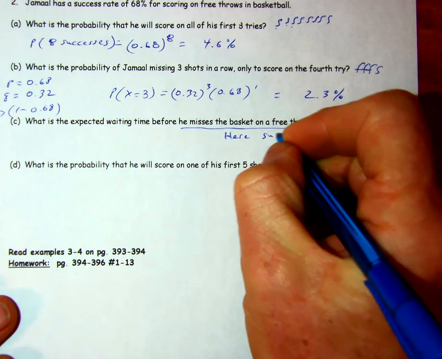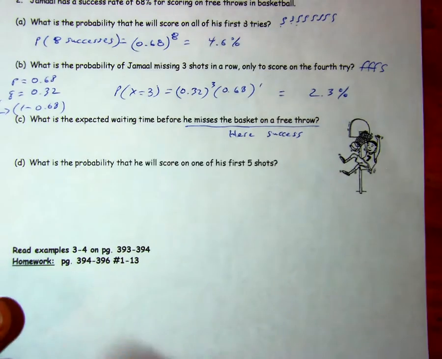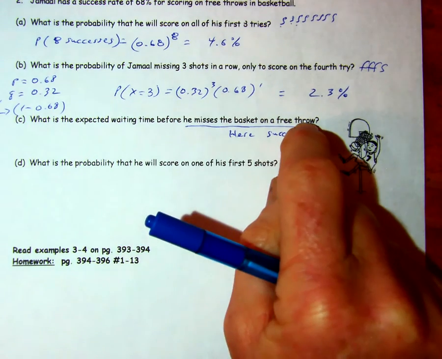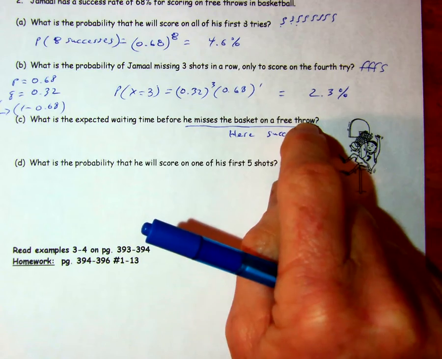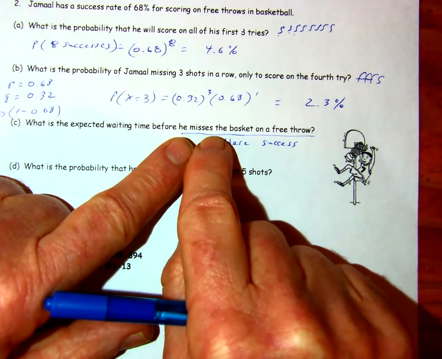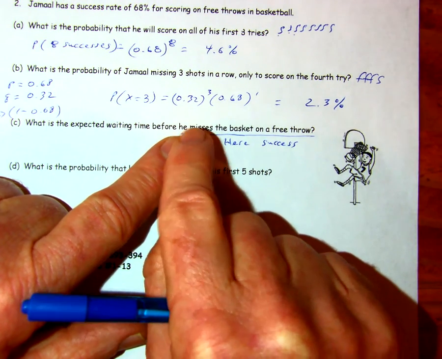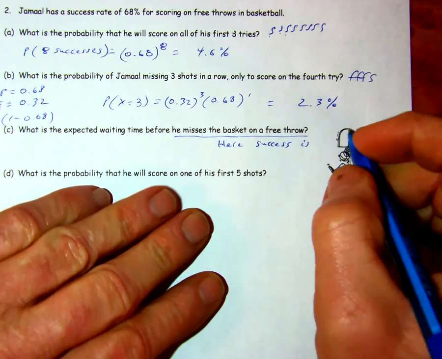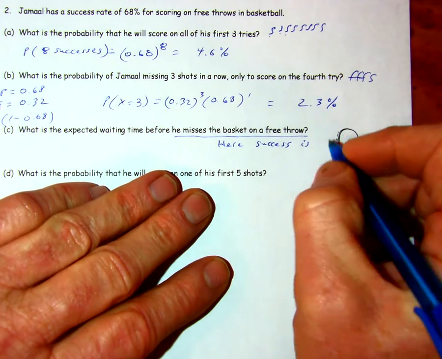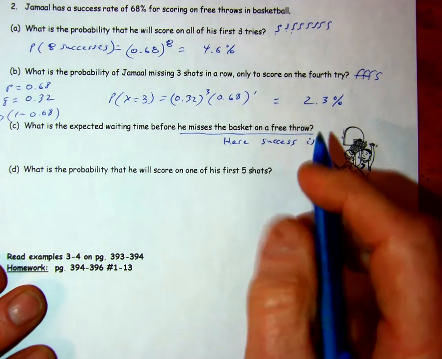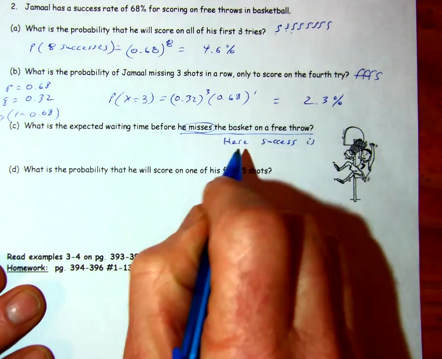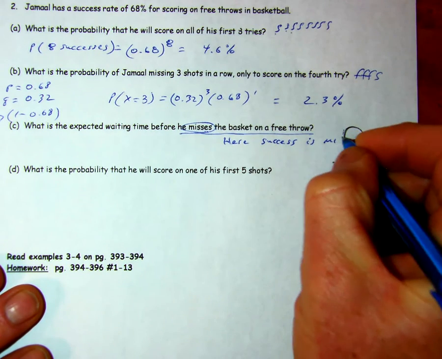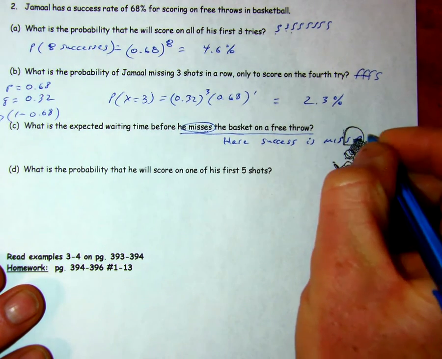Success is what we get at the end, so the success is what the final thing will be. The failures will be the ones where he gets it in. So here, success is not scoring, it's missing the throw. Does everyone get that? Whatever this word is, that's at the end. Here, success is missing.